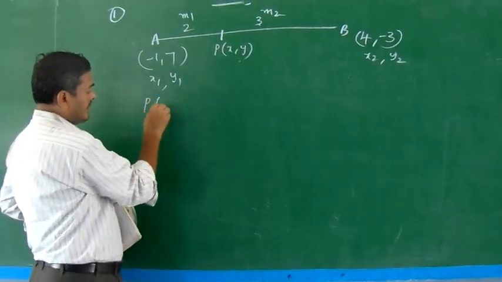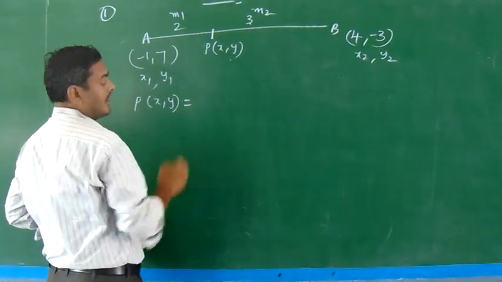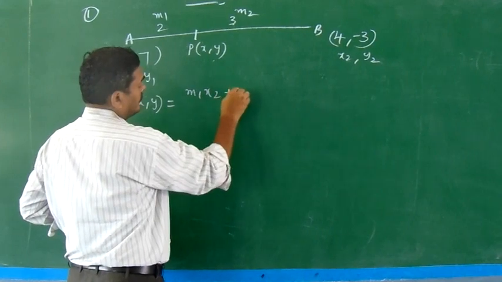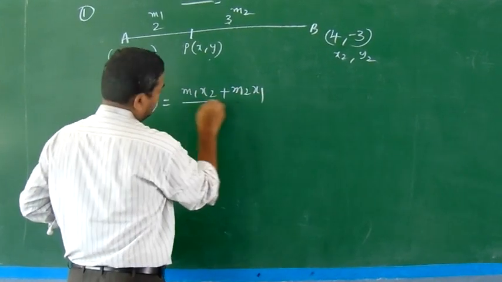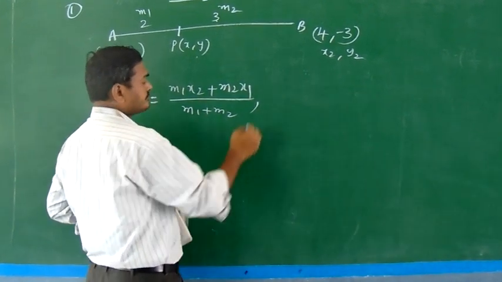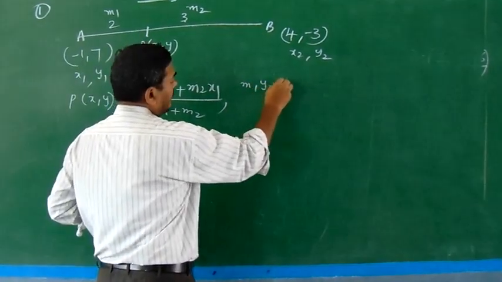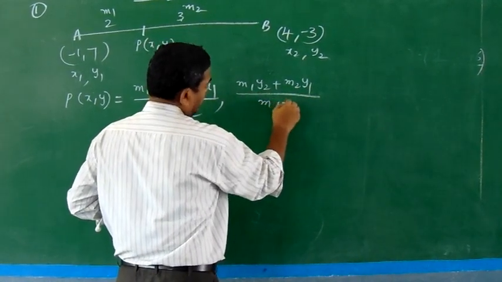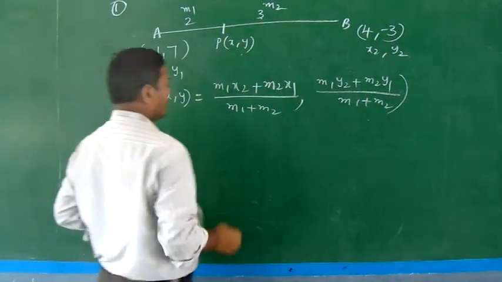Now P(x, y) equals, I am going to write the formula once again, (m1 x2 plus m2 x1) by (m1 plus m2), (m1 y2 plus m2 y1) by (m1 plus m2).